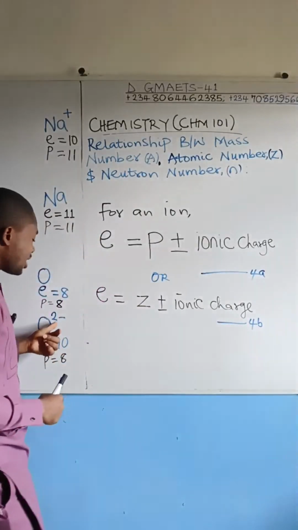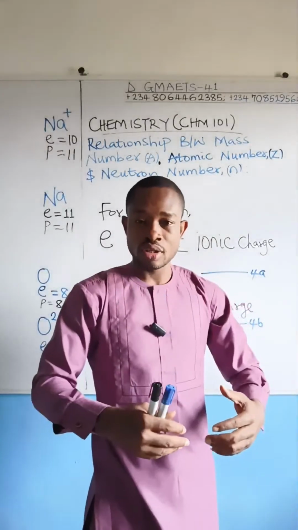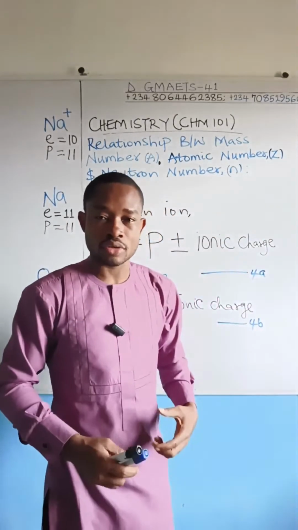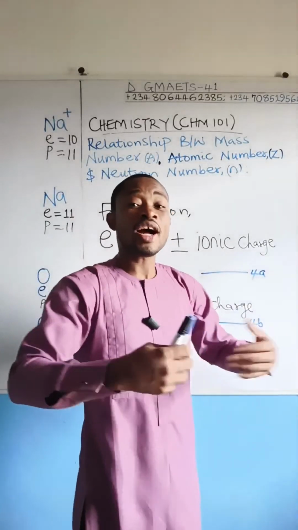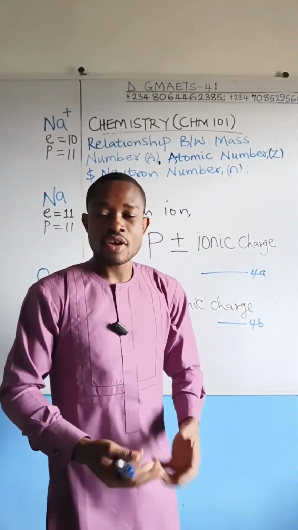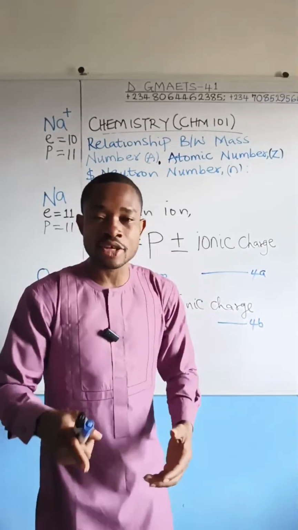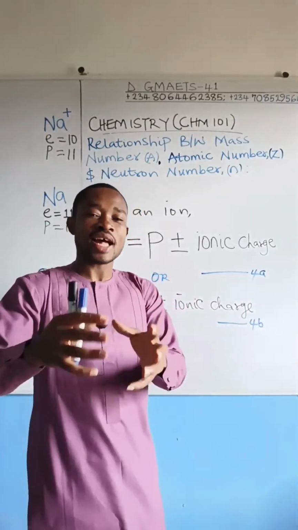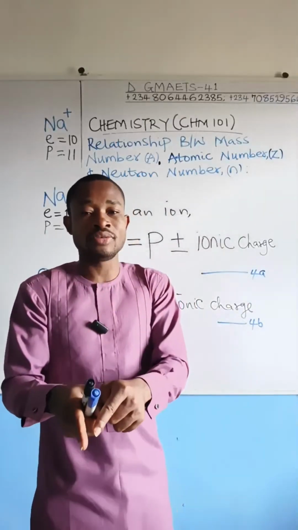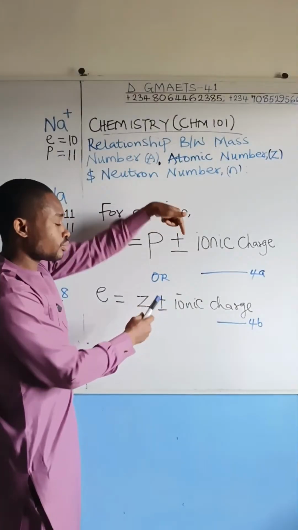Then if it is an anion, a negative ion, the atom gained more electrons. And for calculation purposes in mathematics, gaining is plus. So if I give you a problem to get the number of electrons in an anion, since that atom gained electrons to become a negative ion, gaining means you're going to use the plus.